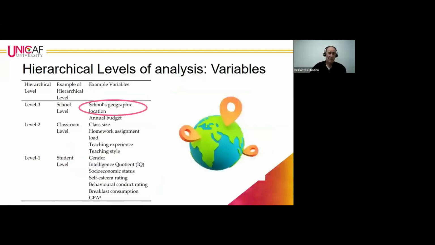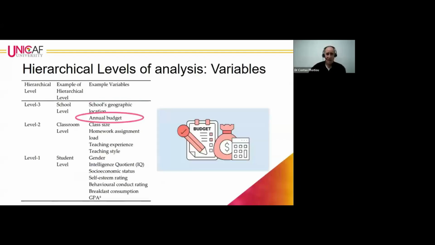For example, looking at level 3, the school level, the geography of the school might be a key factor to consider. Also, the annual budget of the school. So the more money the school has, maybe this will have an impact on student satisfaction.